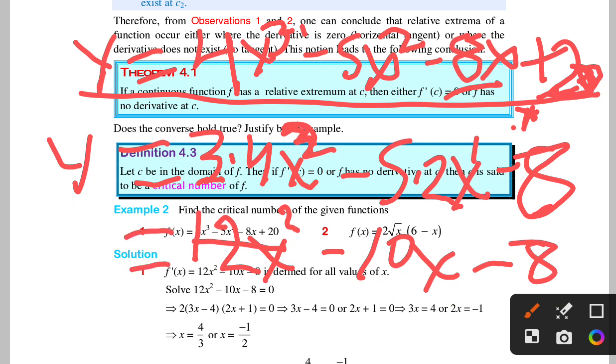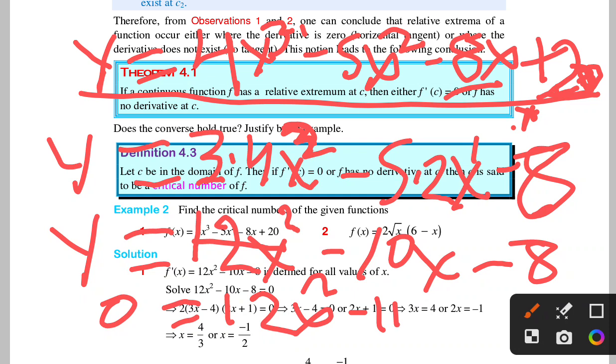Setting it equal to 0, we have 0 equal to 12x squared minus 10x minus 8.